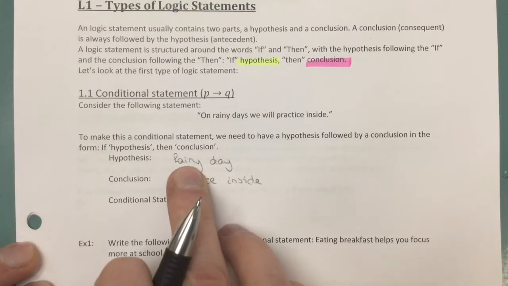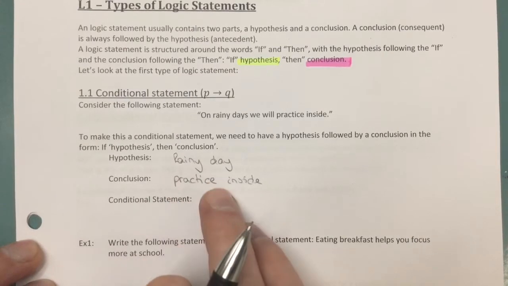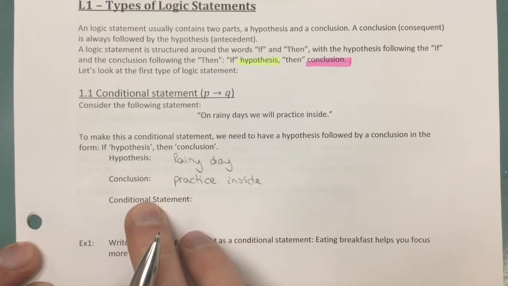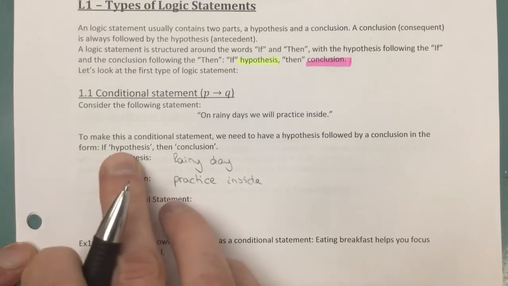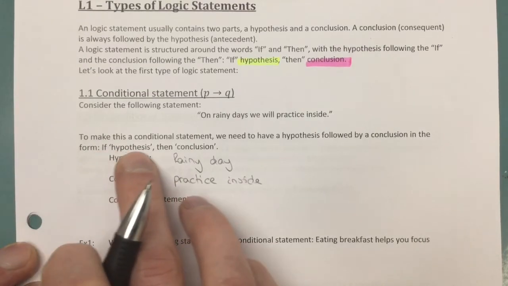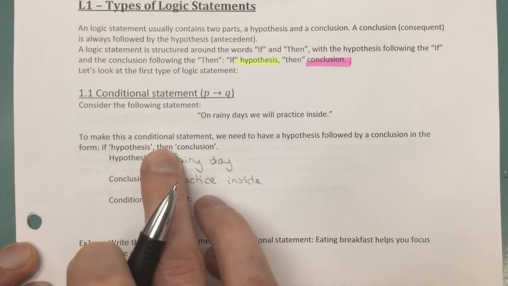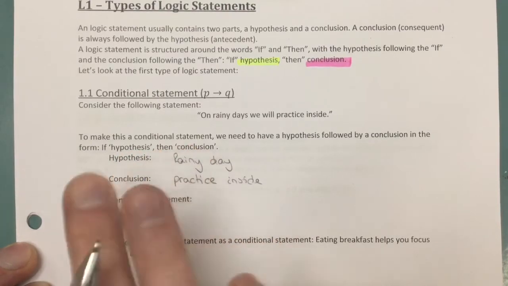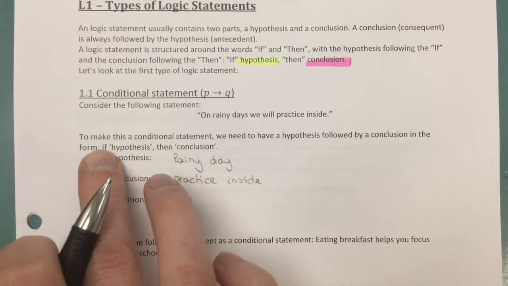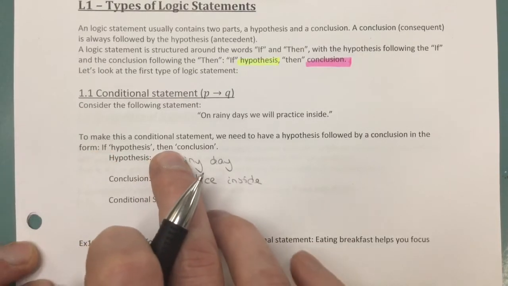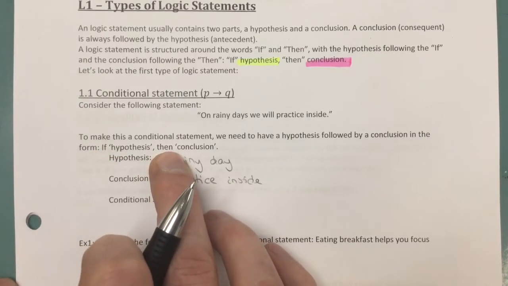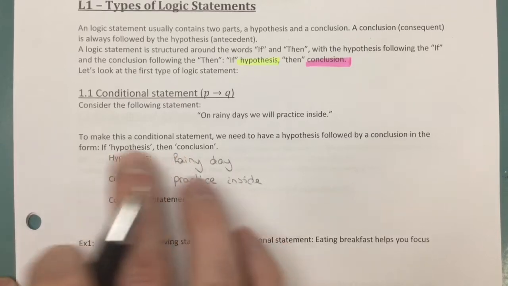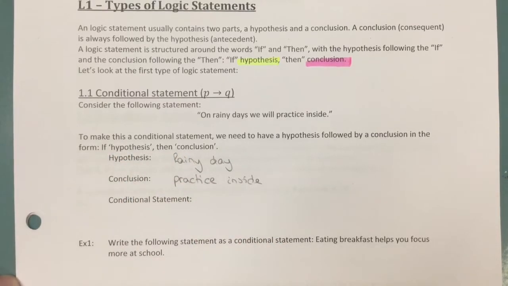Once you've identified your hypothesis and your conclusion, you can make the conditional statement. Again, the conditional statement should read like this: if, hypothesis, then conclusion. Any logic statement should always have the words if and then in it. If you are missing those 2 words, it's not a logic statement.